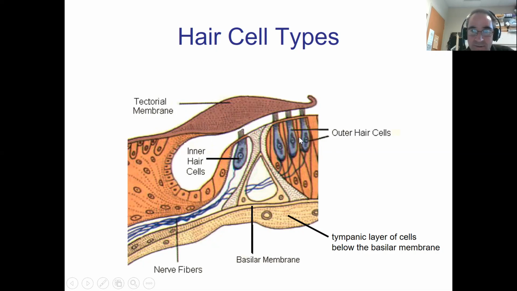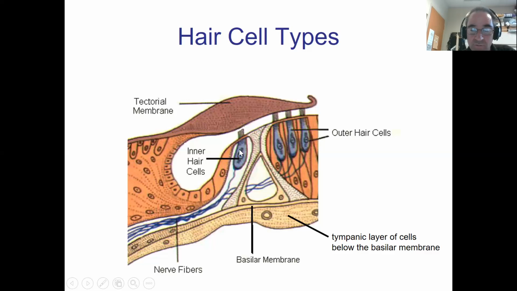And we'll see later that the main role of the outer hair cells is that they work like little motors, or they can change their shape in response to sounds. And that can enhance the vibration of the basilar membrane.